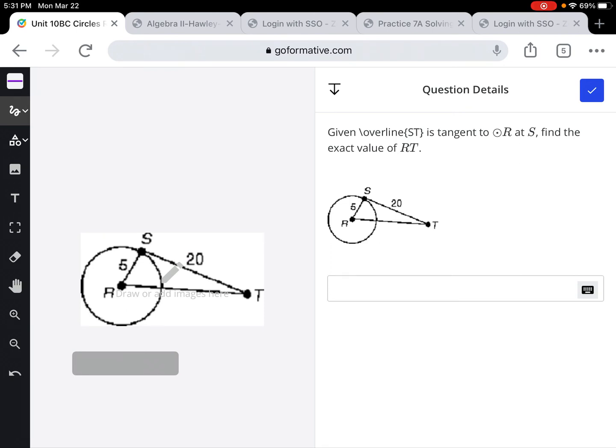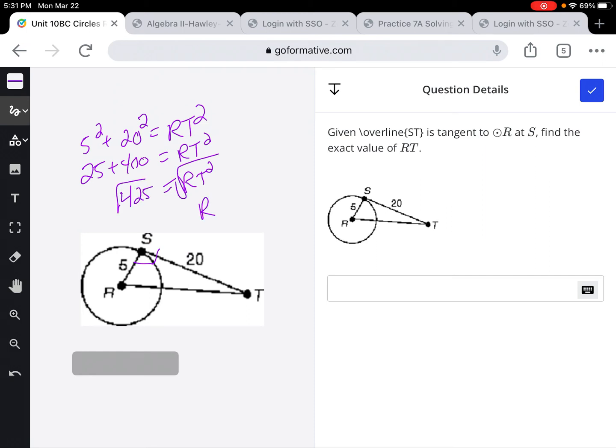If ST is tangent, find the exact value of RT. If it's tangent, then this would be a right angle. So 5 squared plus 20 squared must be equal to RT squared. 25 plus 400 is equal to RT squared. RT squared is equal to 425. Take the square root.